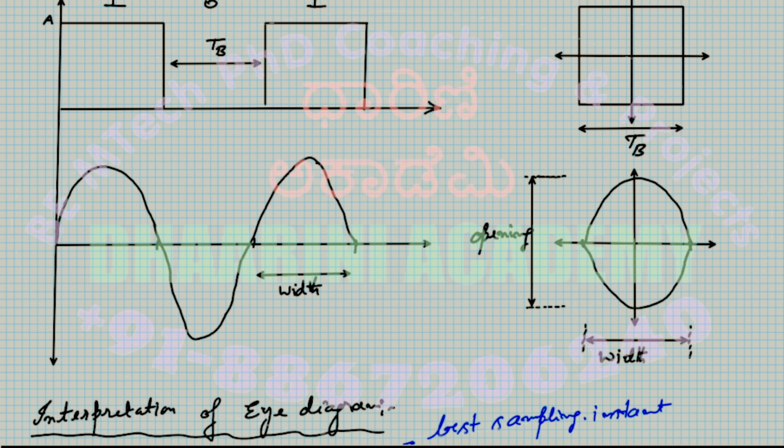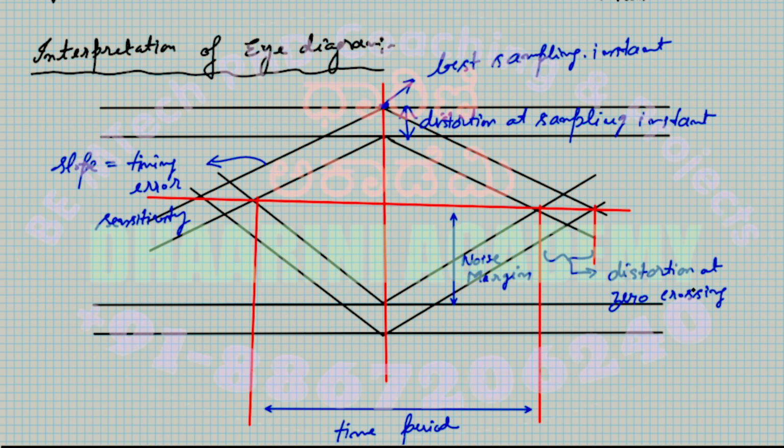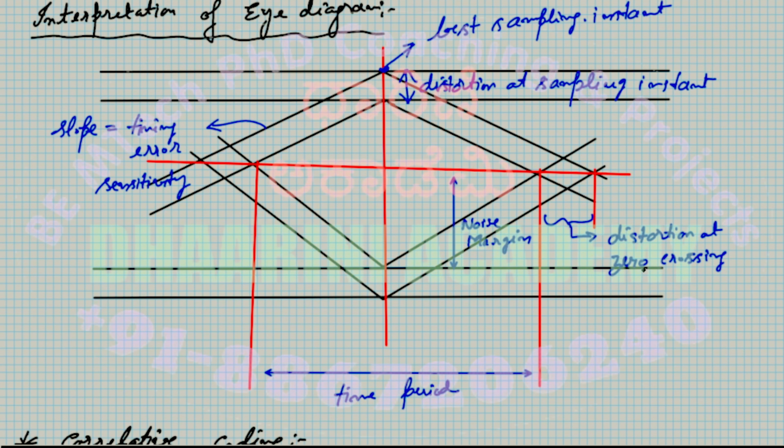Okay, this is how it looks, we understood, but we already mentioned that by looking at the eye diagram, you should be able to measure something, or understand whether there is any distortion. What are the various distortions you can measure? We need to look. So this is called an interpretation, right?